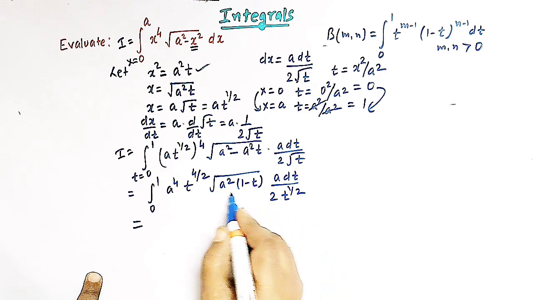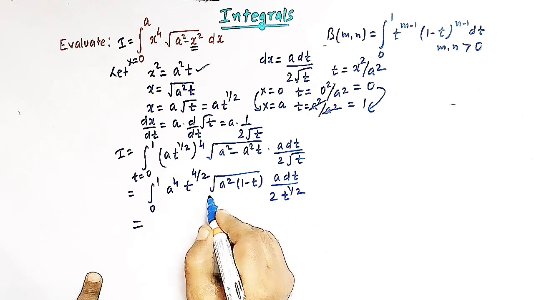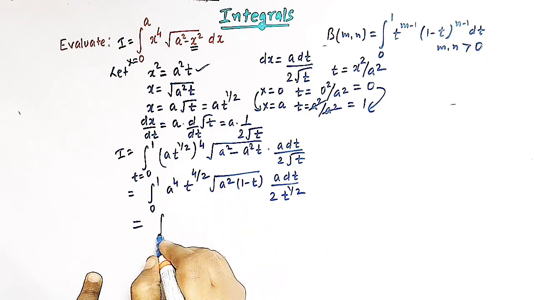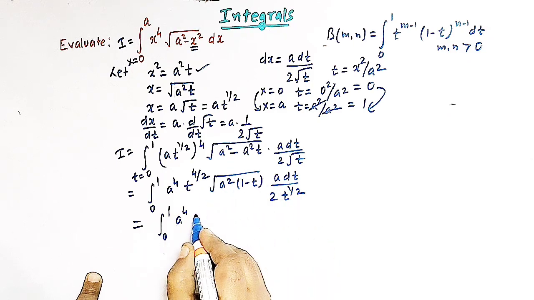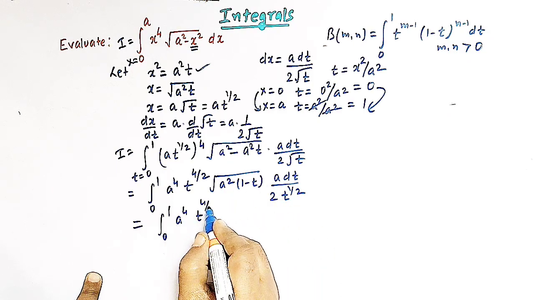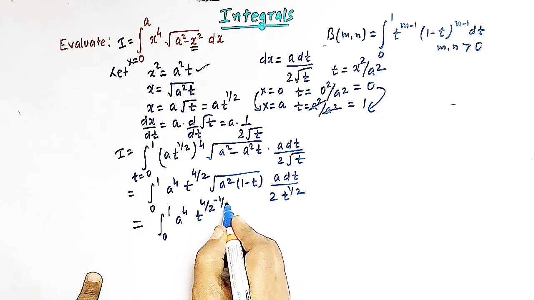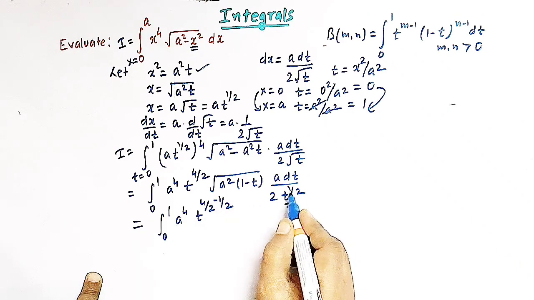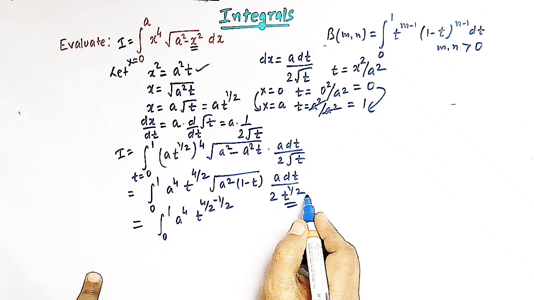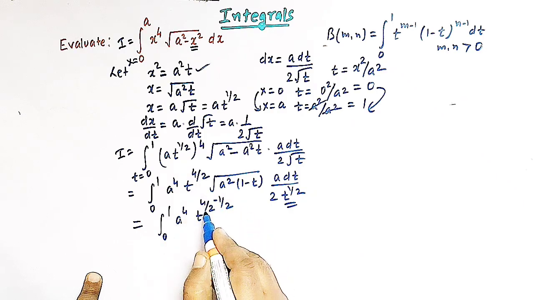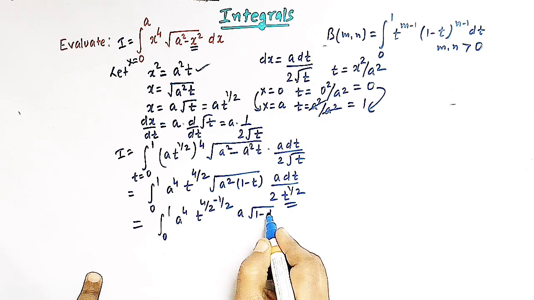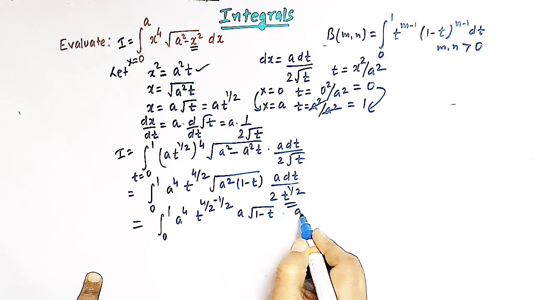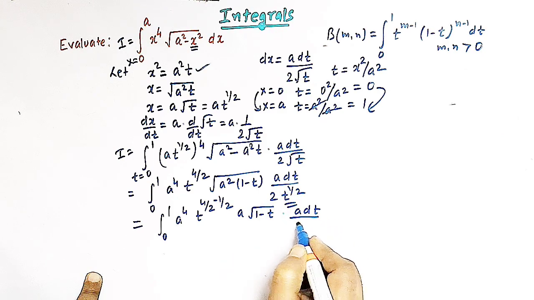So now we can take here the square root of a square. So we have a raised to 4, then we have t raised to 4 over 2 minus half. So here we have t raised to half. Taking t raised to half to the numerator, we have 4 by 2 minus half. Here we have a times square root of 1 minus t, and then we have a dt over 2.